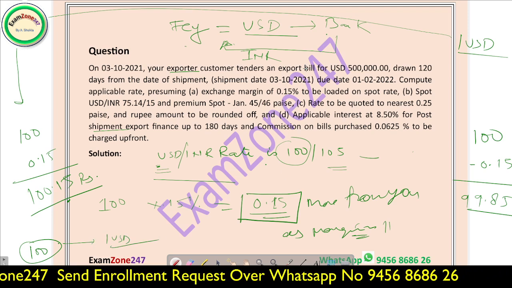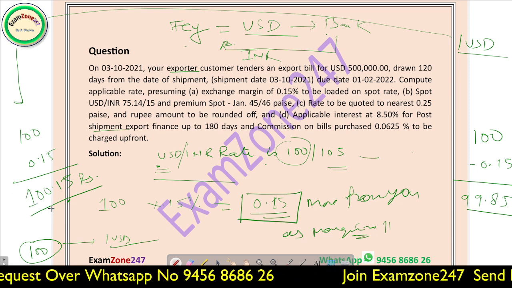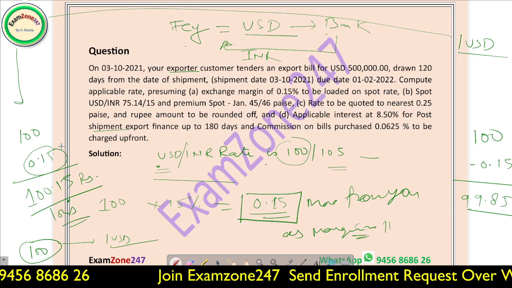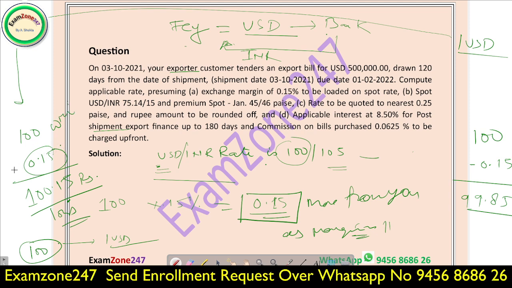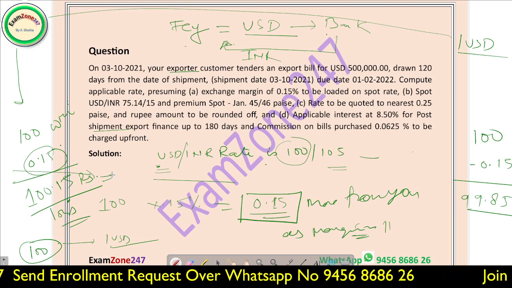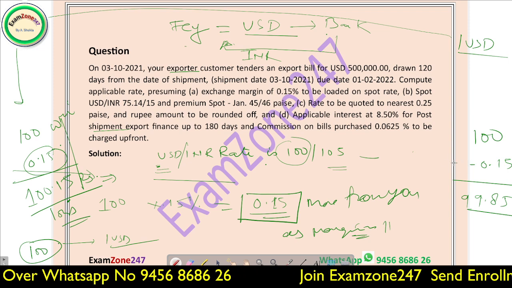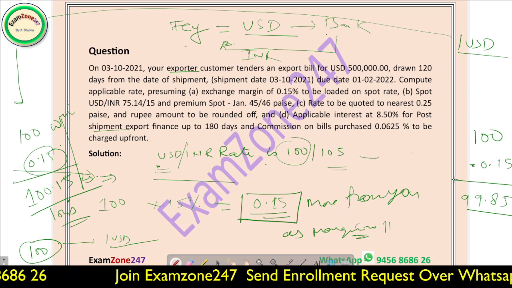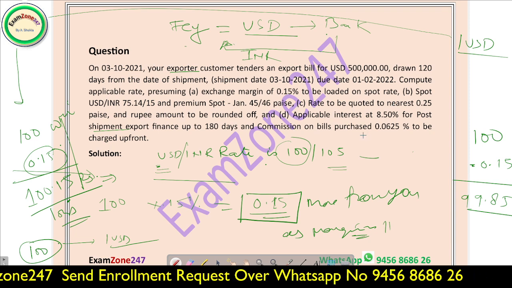But if you add the margin, then it will be a loss for the bank. That money should be with the bank, but if you are adding it, it is going with the customer. That's why we deduct the margin when we are doing a buy transaction, because the margin should be with us.